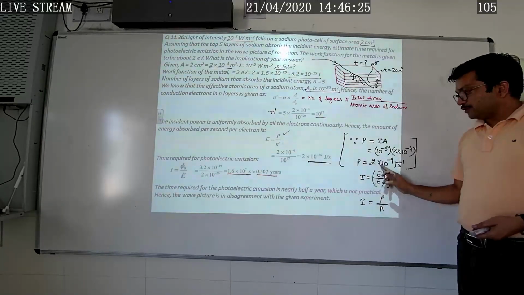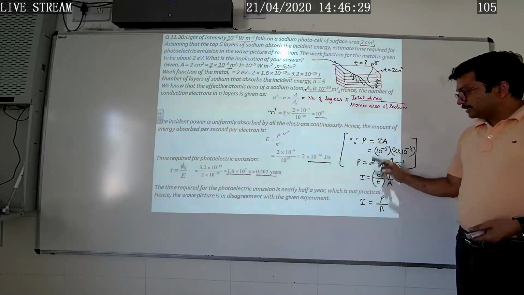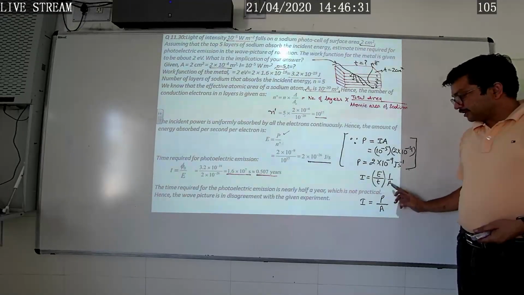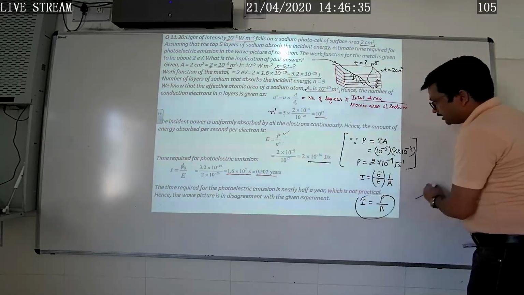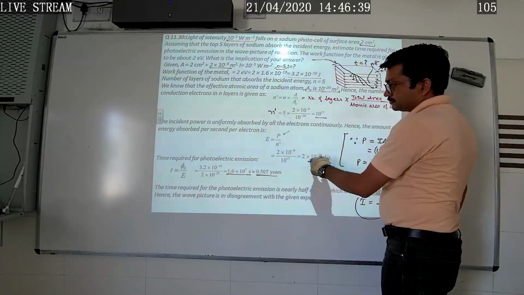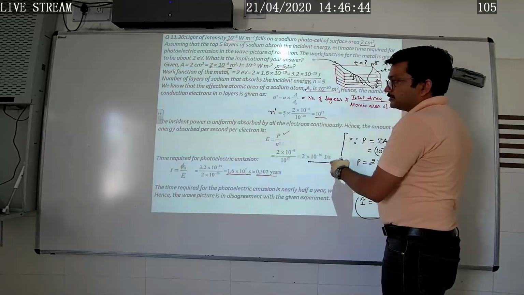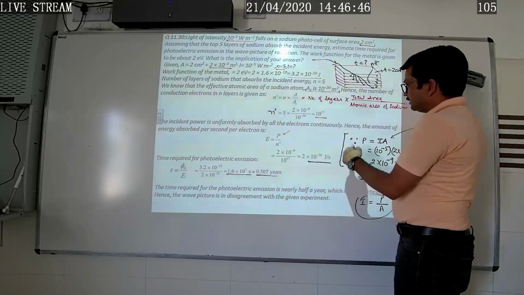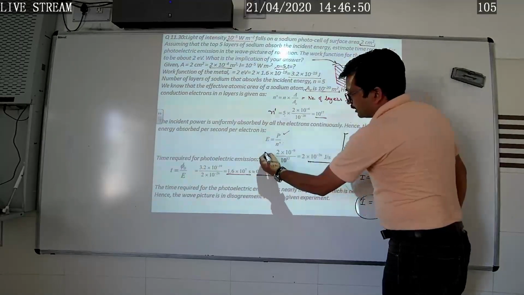So we got power 2 into 10⁻⁹ joule per second, because intensity is energy incident per unit time per unit area. So from this point we have taken this relation. Putting the value of this power and dividing it by N dash, we got this much, that is, the amount of energy absorbed per second per electron.